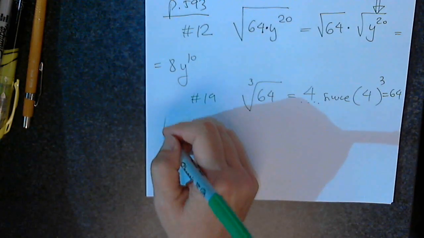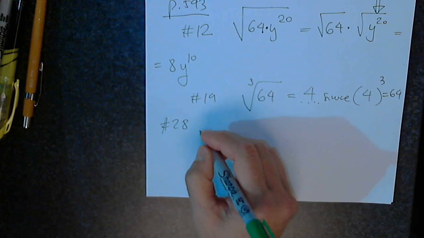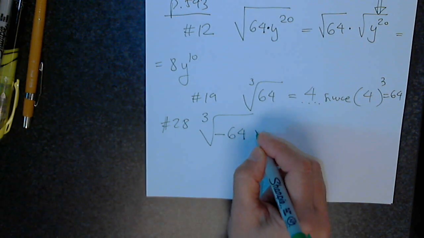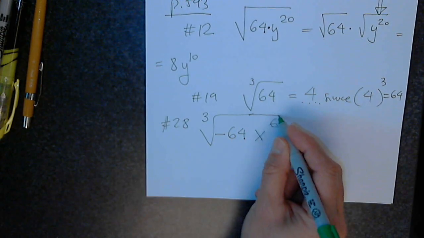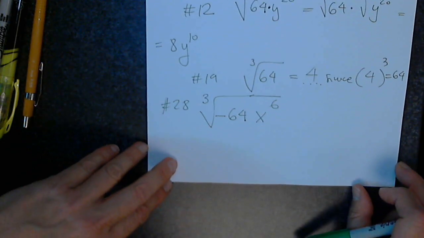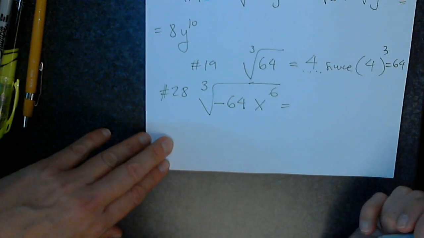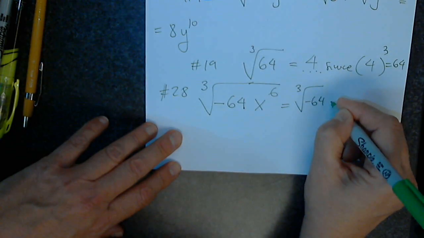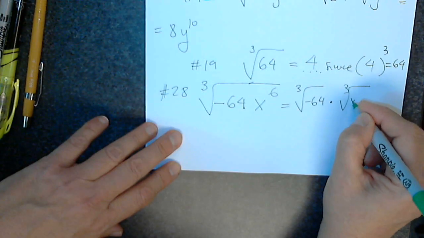Okay, 28. The cube root of negative 64 times x to the 6th. Again, I'm going to use 2 properties here, or 2 laws, or rules. I have the cube root of negative 64 multiplied by the cube root of x to the 6th.